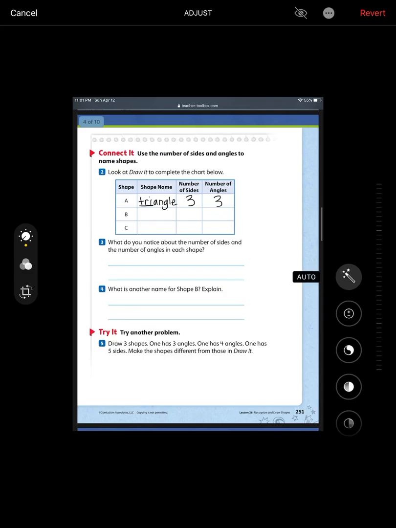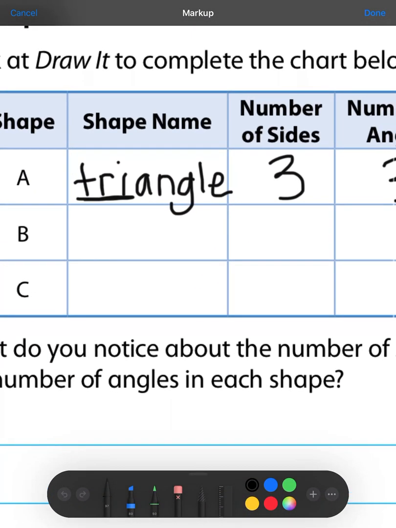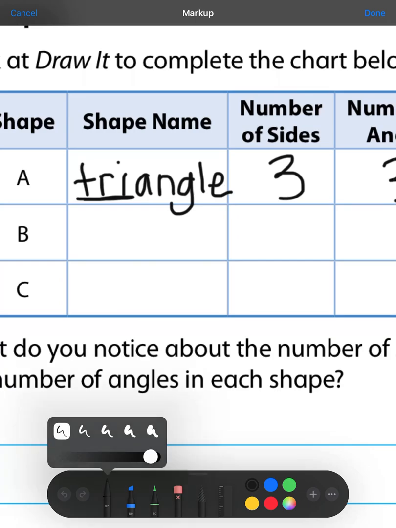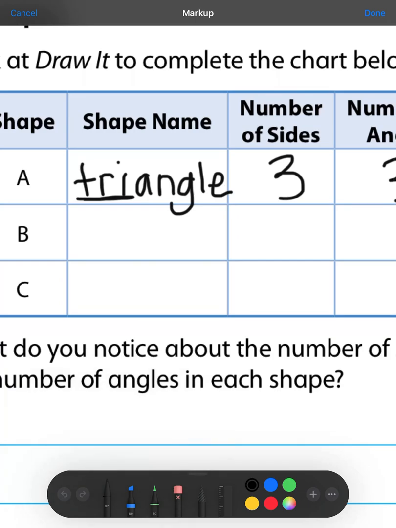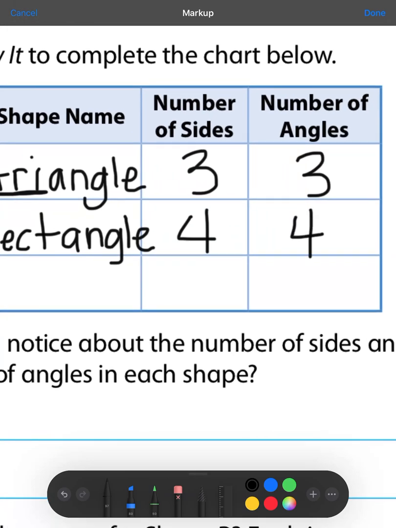Let's write that down. All right. It is a rectangle. Rectangle. And there were 4 sides and 4 angles.